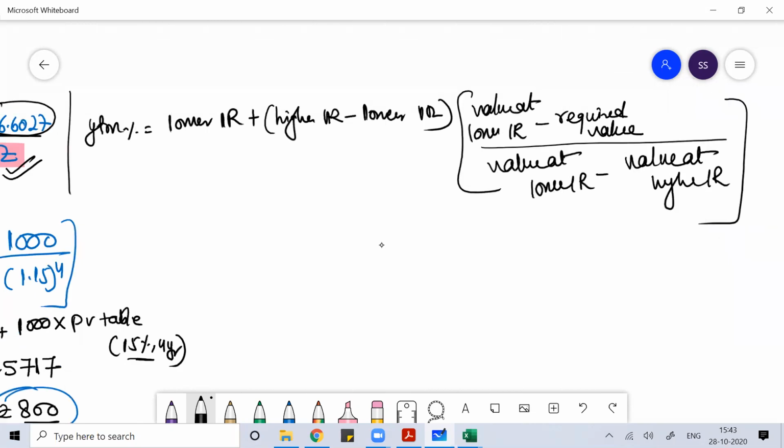The lower interest rate is 10%, plus the higher rate I took, 15, minus 10.